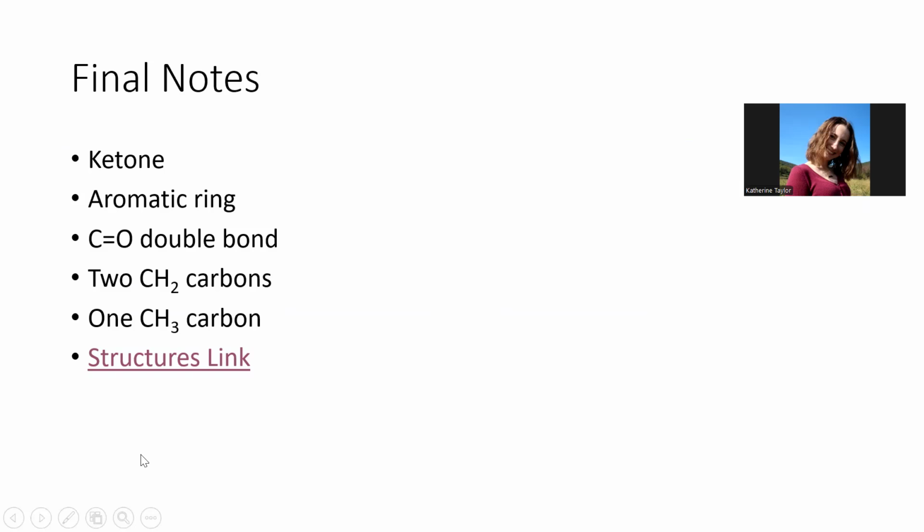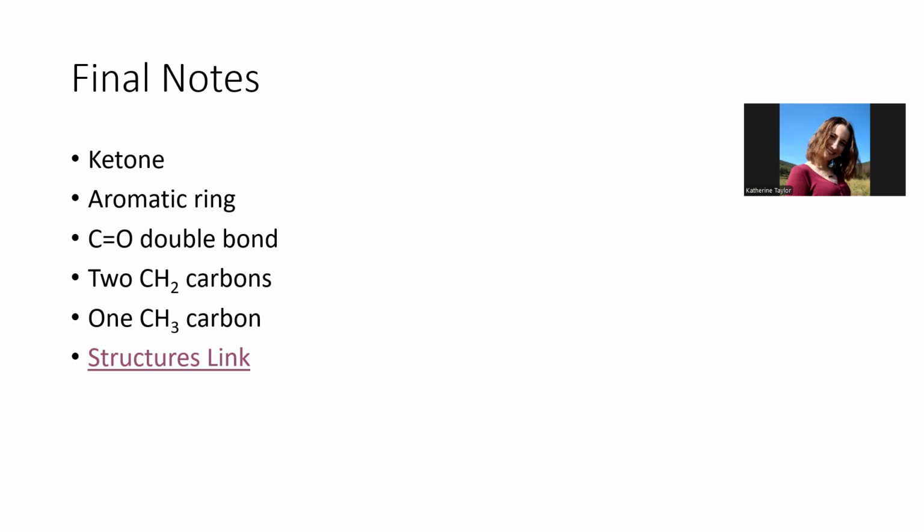So if we look at everything that we have seen across all three of our spectra, as well as the sites of unsaturation, what can we tell about this molecule? First of all, we know it's a ketone that has an aromatic ring somewhere in it. We know there is a single CO double bond, and then our final three carbons, two of them are CH2. They have two hydrogens bonded to them.